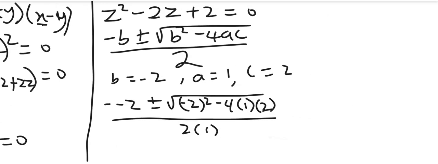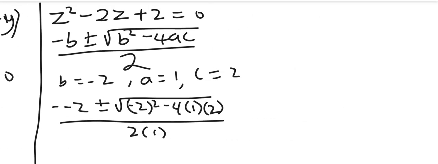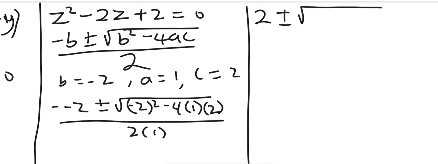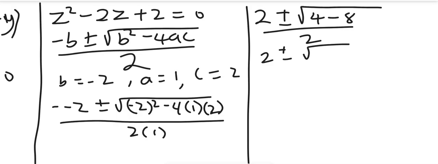With this, negative 2 multiplied by negative 2 gives us positive 2, plus or minus square root of 4 minus 8, over 2. That is 2 plus or minus square root of negative 4, over 2.